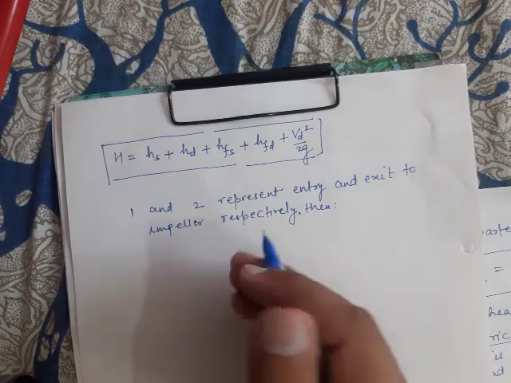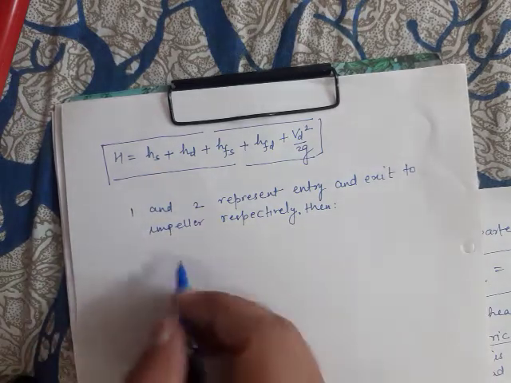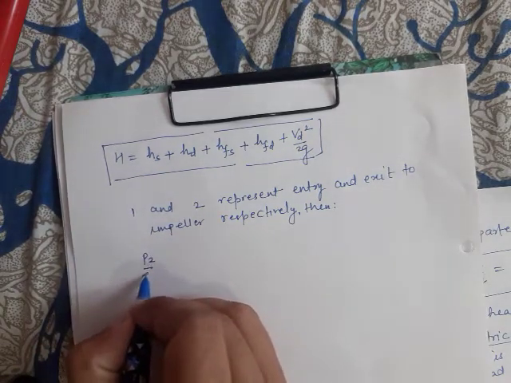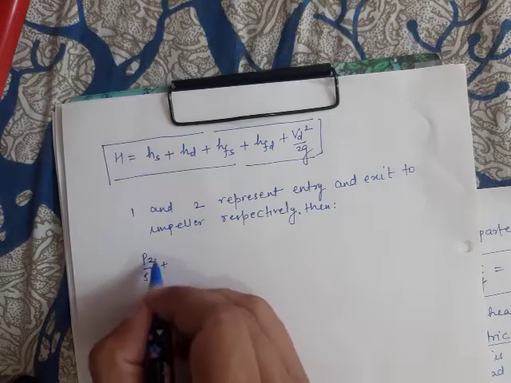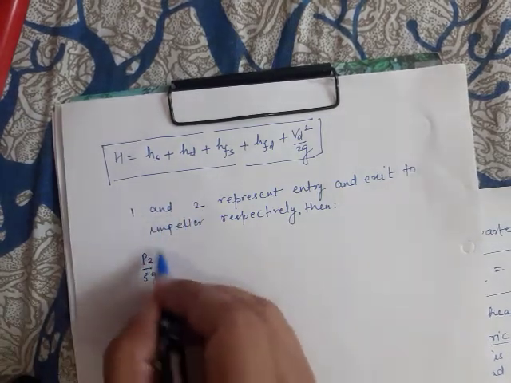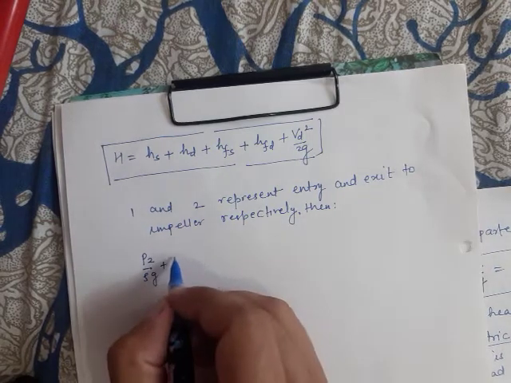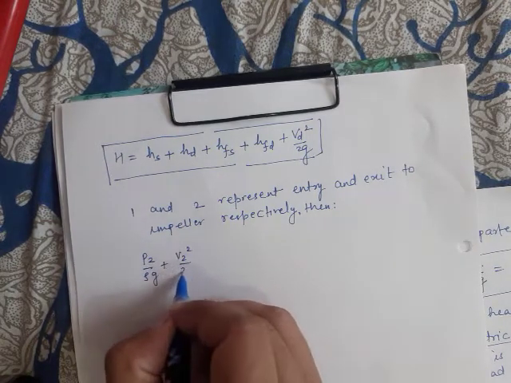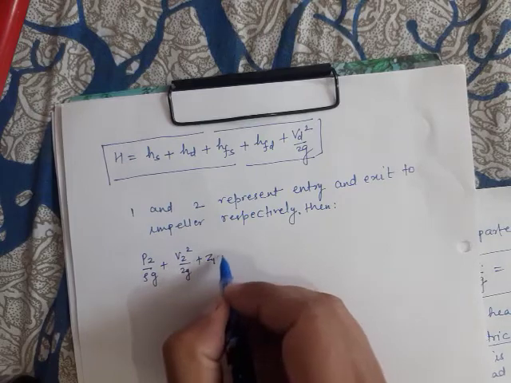The difference of head between inlet and exit of the impeller. At the exit of the impeller, because 1 and 2 refer to the impeller only, the head is P2 by rho g plus V2 square by 2g plus Z1.